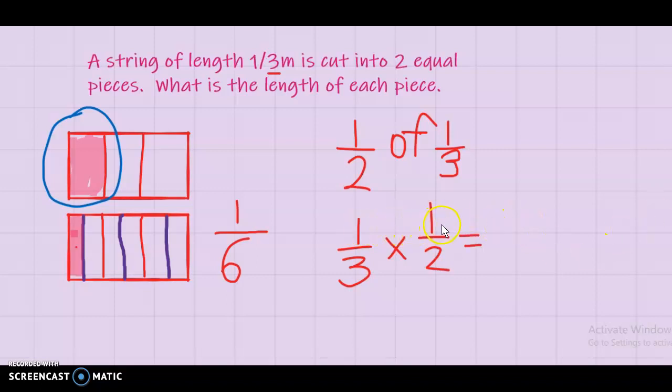Multiplying numerators, 1 times 1 is 1, and 3 times 2 is 6. So the length of each piece is 1/6 meter. And let me go back and add that. 1/3 meter times half.